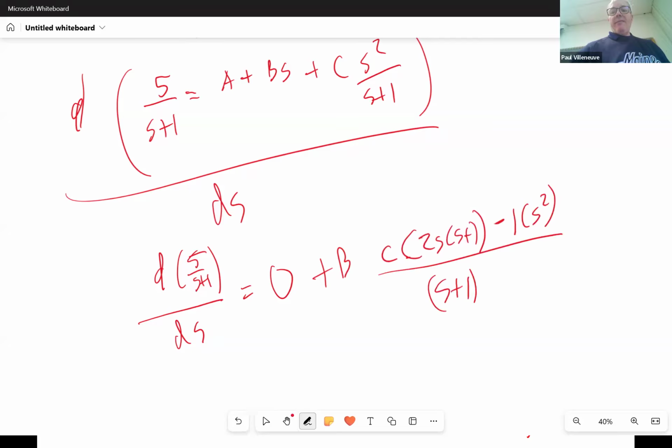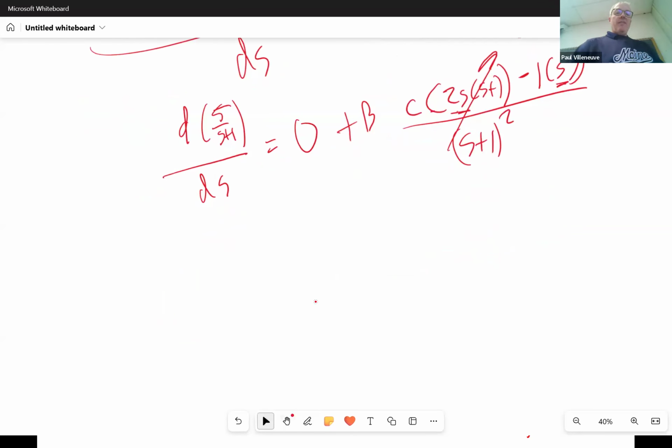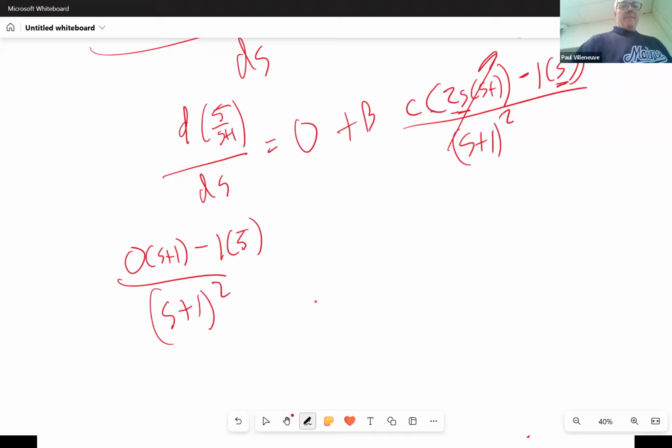the denominator squared, right? You'll notice that there's always at least one s term that multiplies the C coefficient, right? So when I evaluate that at s equals 0, that term goes to 0. So all I'm left with is B. So if I take the derivative of 5 over s plus 1 with respect to s, I'm going to end up with the derivative of the numerator, which is 0, times s plus 1, minus the derivative of the denominator times the numerator over the denominator squared.